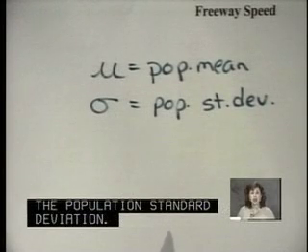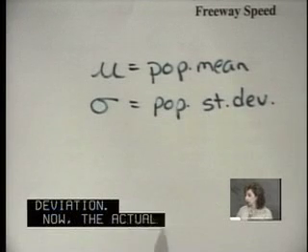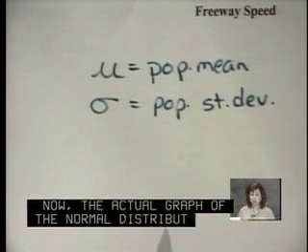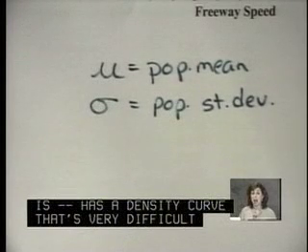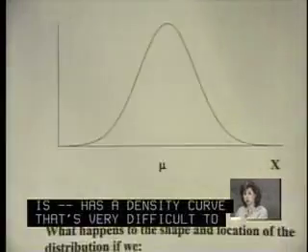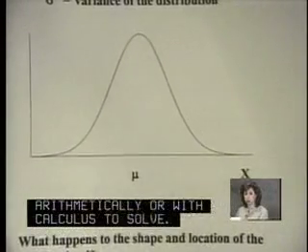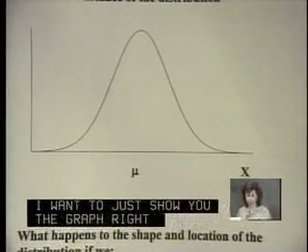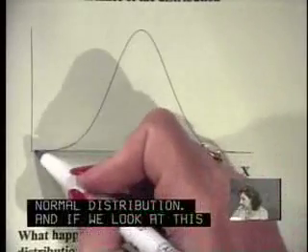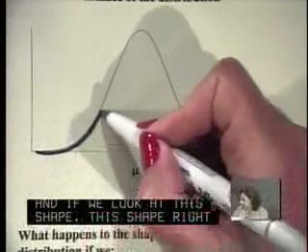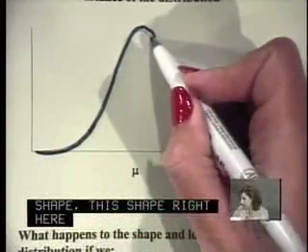Now, the actual graph of the normal distribution has a density curve that's very difficult to solve arithmetically or with calculus. I want to just show you the graph right here. Here's the graph of the normal distribution, and this is the shape I'm looking at.